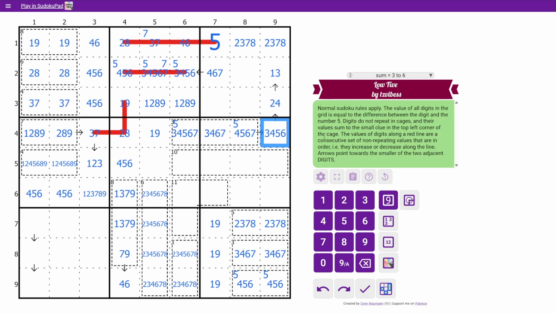This is going to be a 4 or a 6. This cannot be a 4. This cannot be a 2.